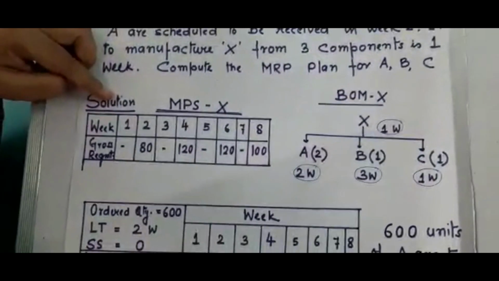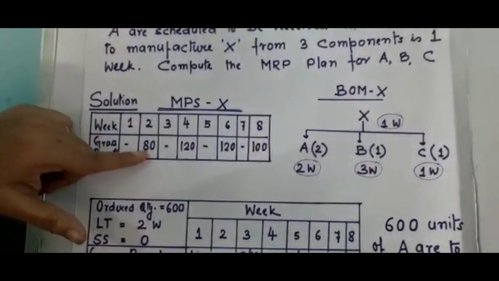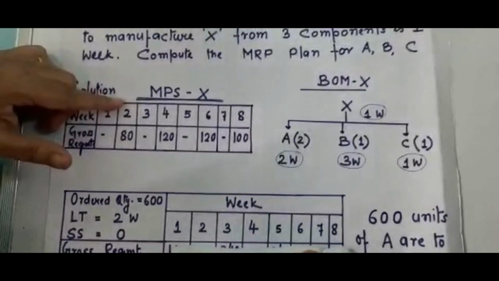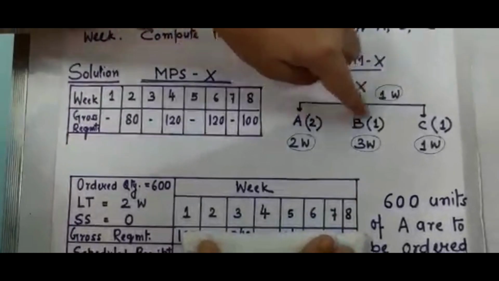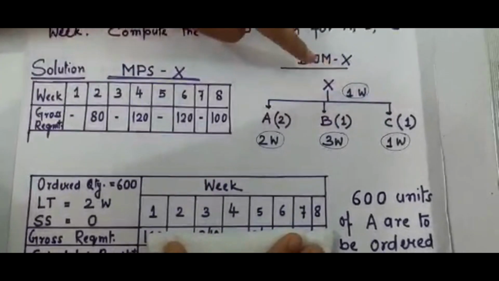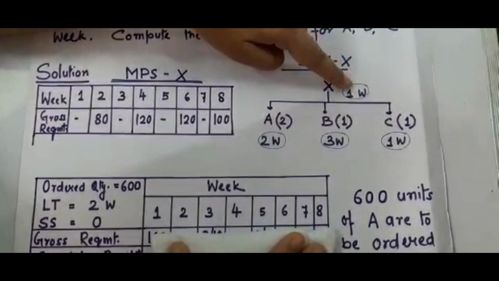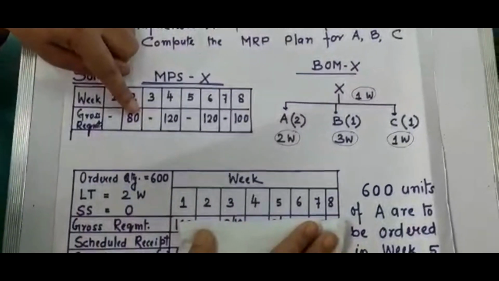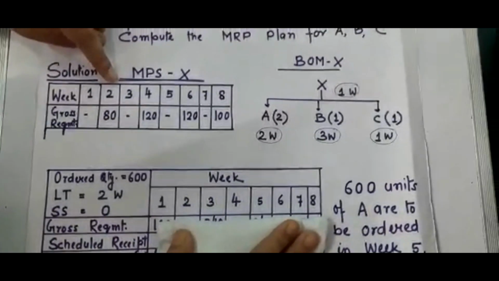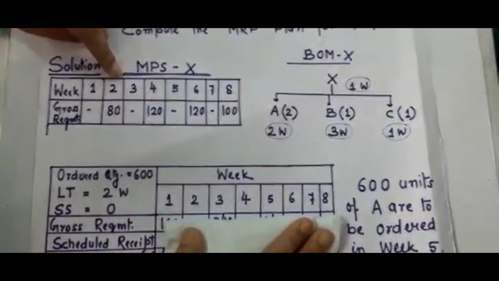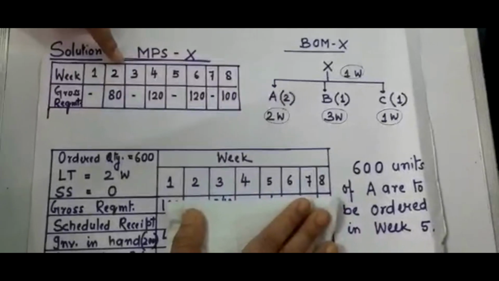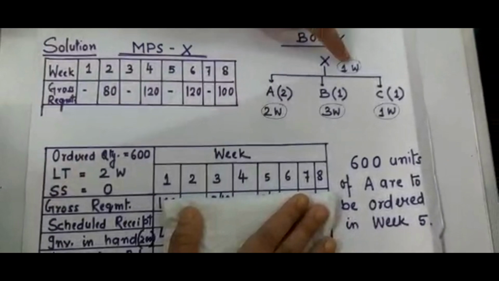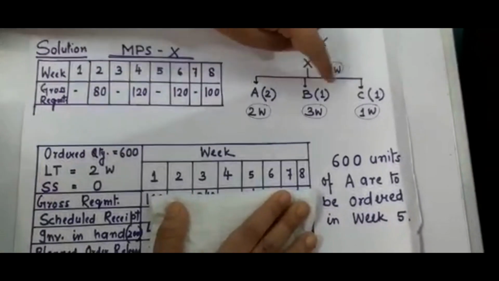We have to manufacture 80 units of the finished product X, which should be ready in the second week. Now X is composed of A, B, C, and what is the lead time of manufacturing X from its components? 1 week. So if you need 80 units of X in the second week, when should the components be available to you? The components should be available 1 week before, because 1 week is the lead time of manufacturing X from the 3 components.